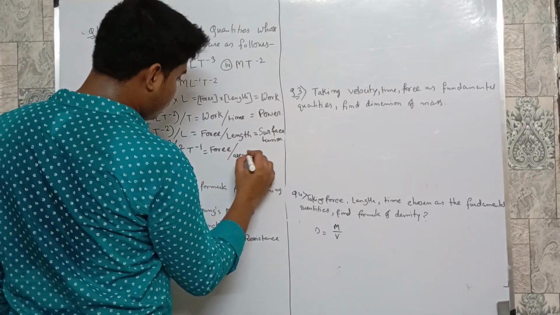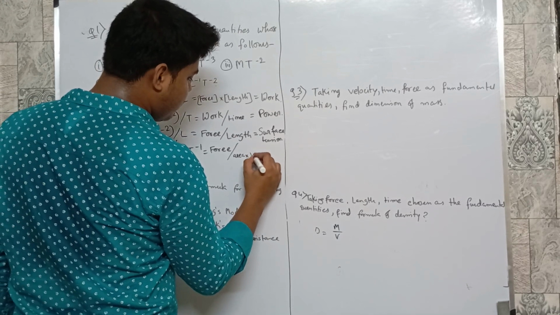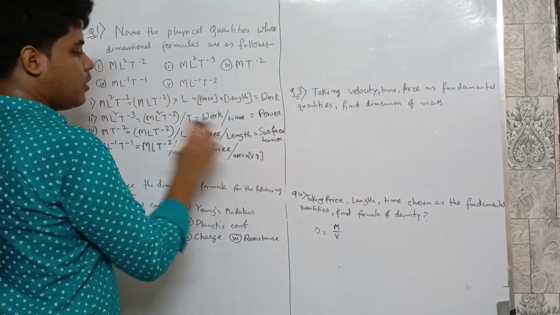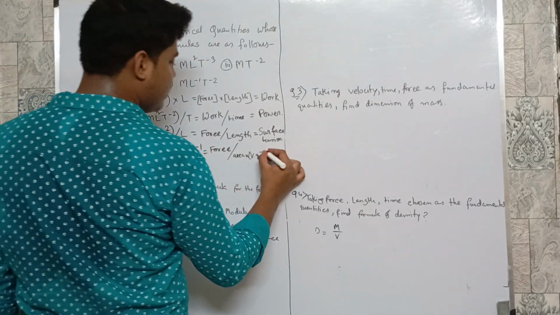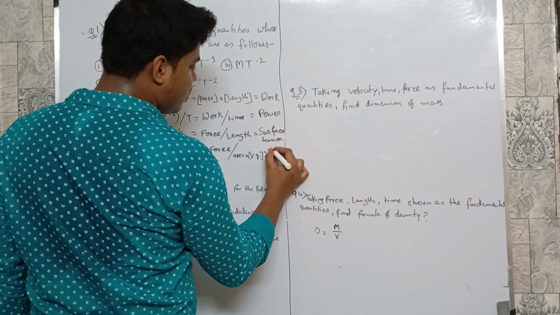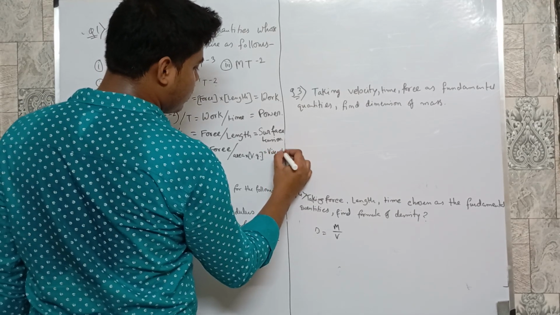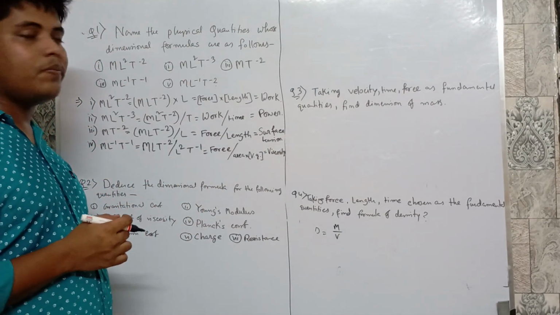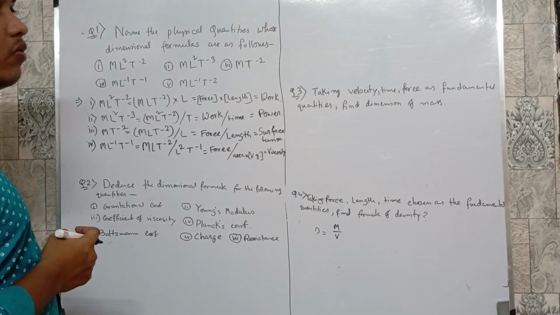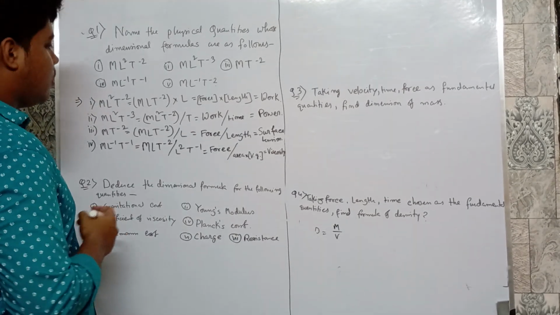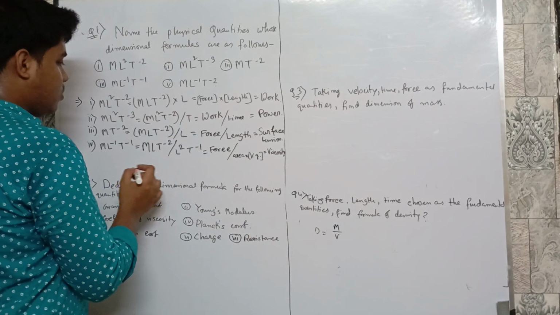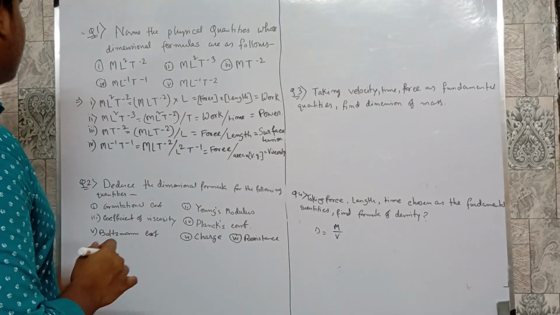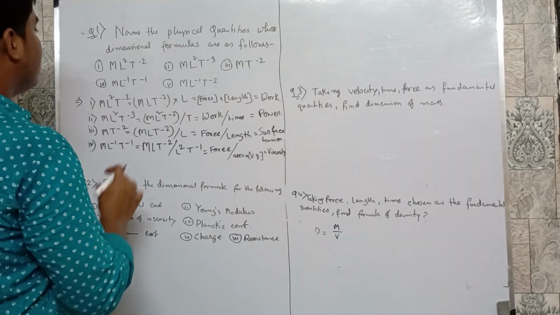So force per unit area per unit velocity gradient is the dimension of viscosity. It will be studied in the chapter mechanical properties of matter, in fluid mechanics. The corresponding formula is like F equals minus eta A dv by dx, but forget that for now. So this is a unique dimension of viscosity.